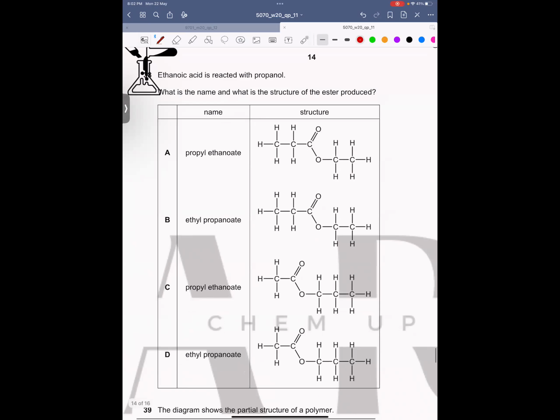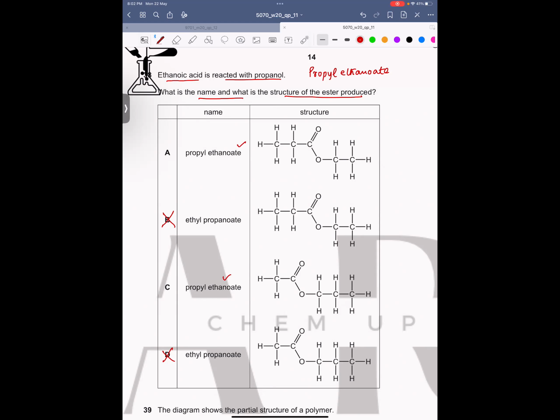So see, if you recall, propanol, the alcohol, turns into alkyl and the carboxylic acid turns into alkanoate. So it would be propyl ethanoate. So on the basis of that, I will mark my B and D options wrong. Now you have to figure out which one has the right structure.